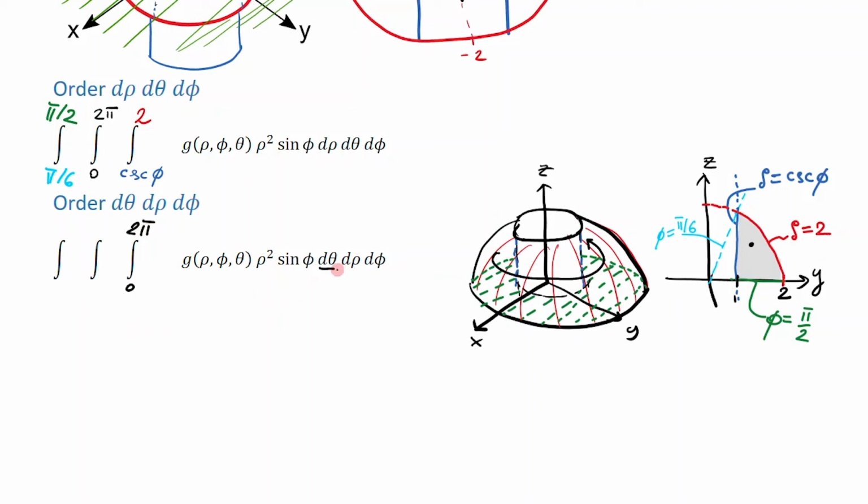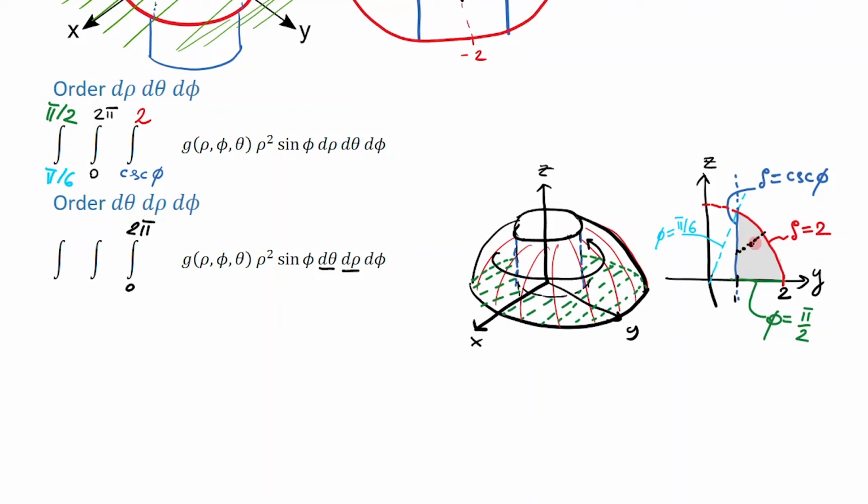Then for every one of those, we want those circles to happen for different values of rho. And what are those values of rho? For fixed angle phi, the values of rho that we care about go between the blue line and the red line. You see how I'm drawing it on this cone? That's because phi is fixed.